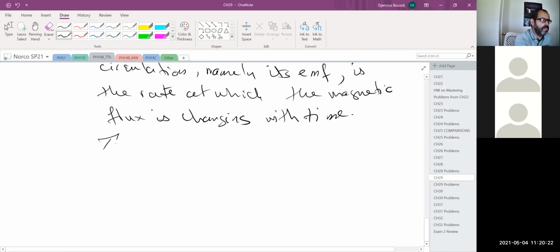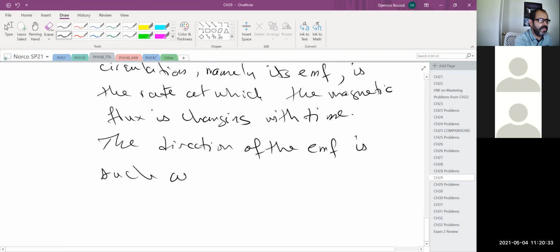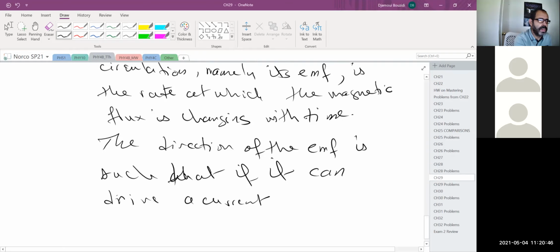The direction of the EMF is such that, if it can, which is not guaranteed all the time, by the way, drive a current. So if it cannot drive a current, you assume that, let's close it and see if it can drive a current. So we'll see how it does it.